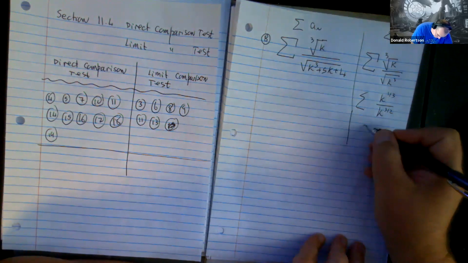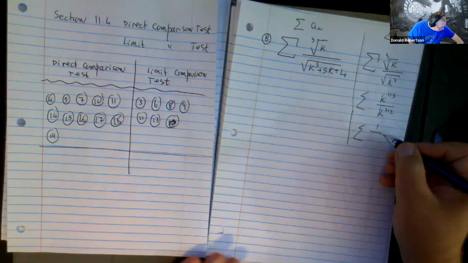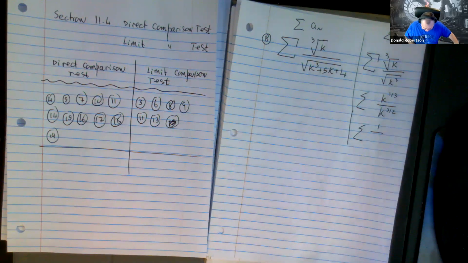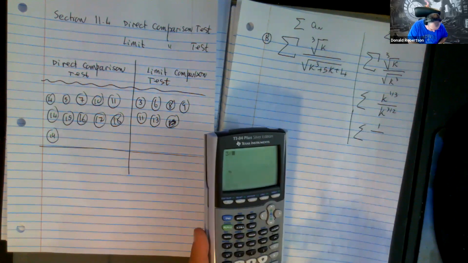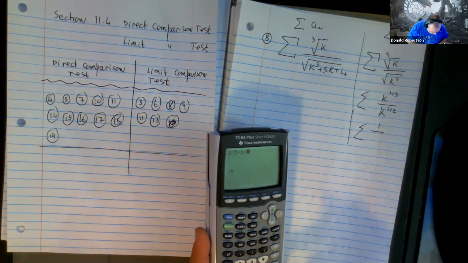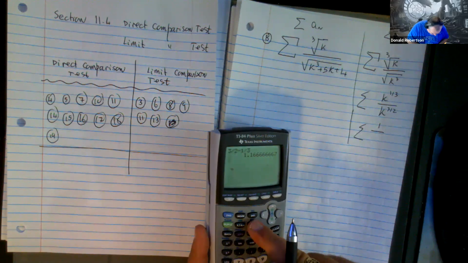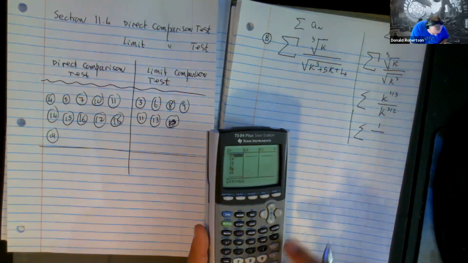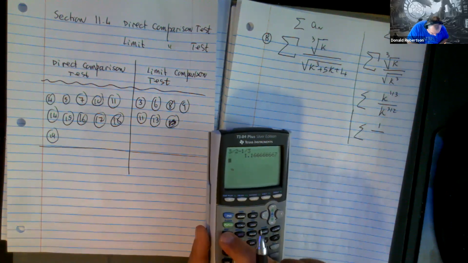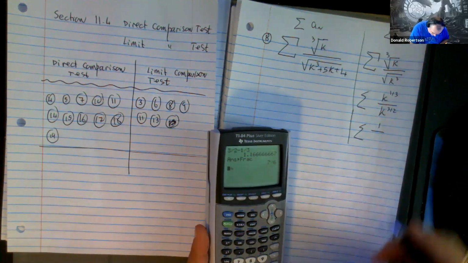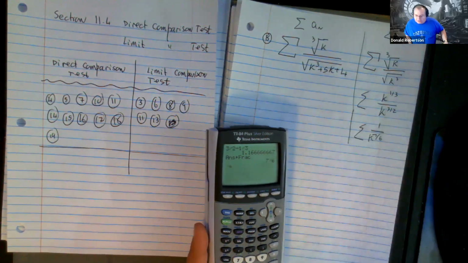Now, when you put this guy and this guy together, don't you get 1 over, try to get my calculator here, 3/2 take away a third. And I'm going to turn that into a fraction. And it's k to the 7/6.